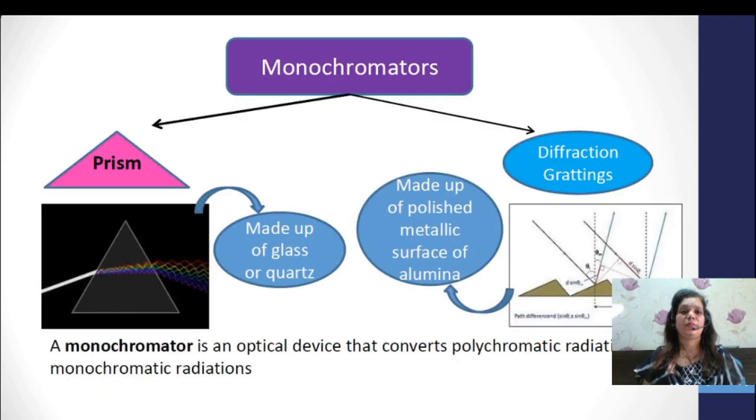The next component is the monochromator. Prism: it is a triangular device. You might have seen this prism made up of quartz or glass. You might have experienced this interesting experiment: when a ray of light is passed through it, you can obtain a rainbow. So a monochromator is an optical device that converts polychromatic radiation into a monochromatic source.